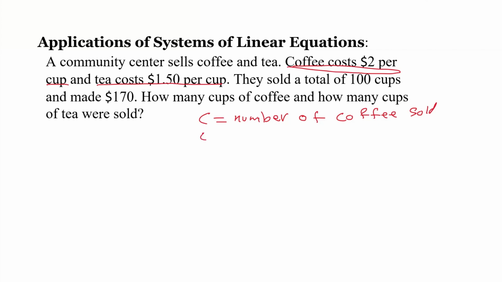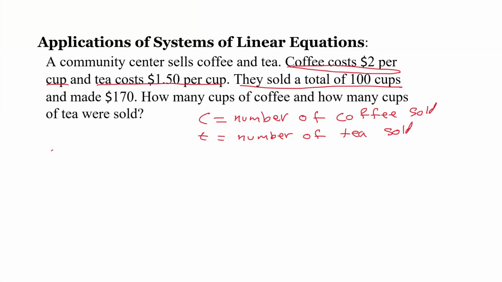And T, the number of tea that are sold. They sold a total of 100 cups. So that means the number of coffee plus the number of tea equals 100, right?